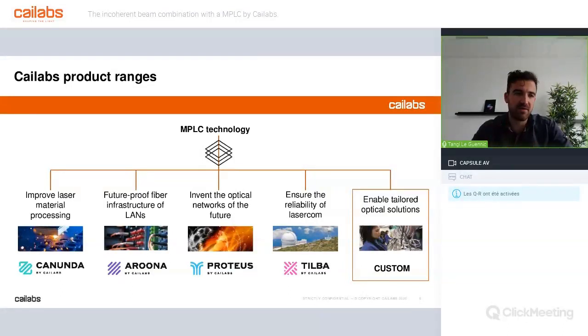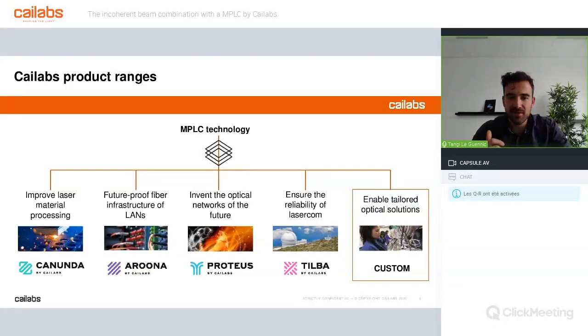These skills have a lot of areas of application, and we developed a range of products around our complex beam shaping expertise. Let me present them briefly. First, we have on the left side the Canunda product range, which is specialized in the improvement of industrial cutting lasers. We have after the Aruna product. Aruna proposes to improve existing legacy networks.